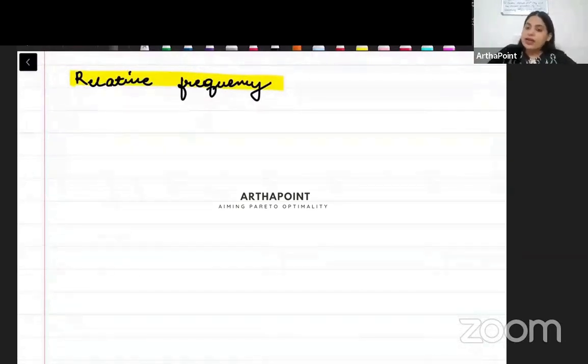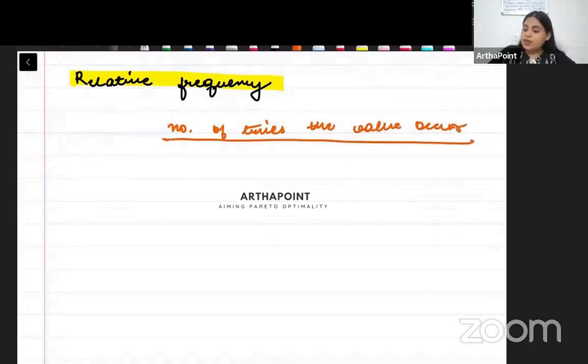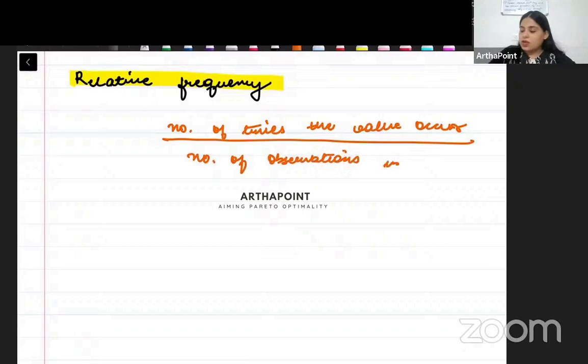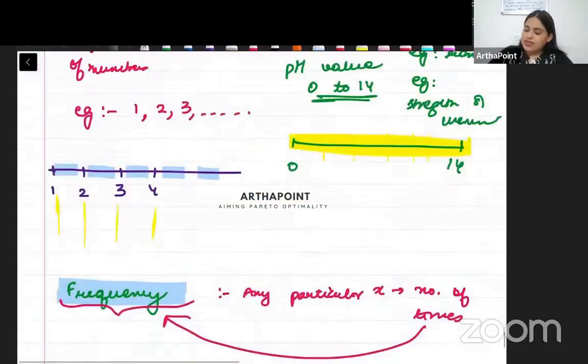And how do I make that? It is the number of times the value occurs, that means frequency, divided by the number of observations in the dataset. Right?